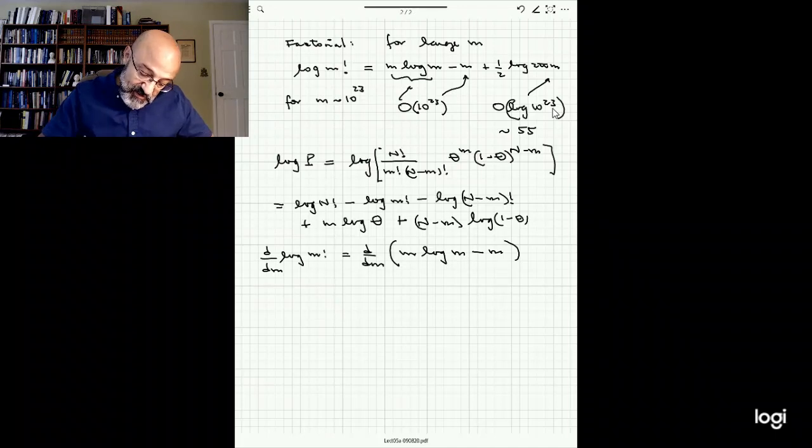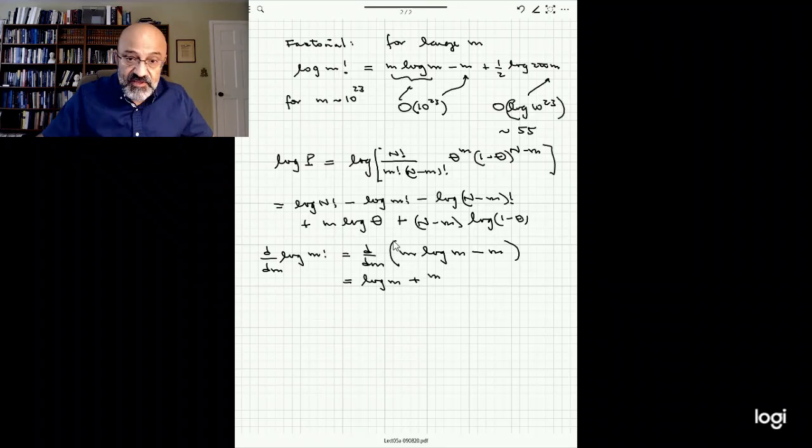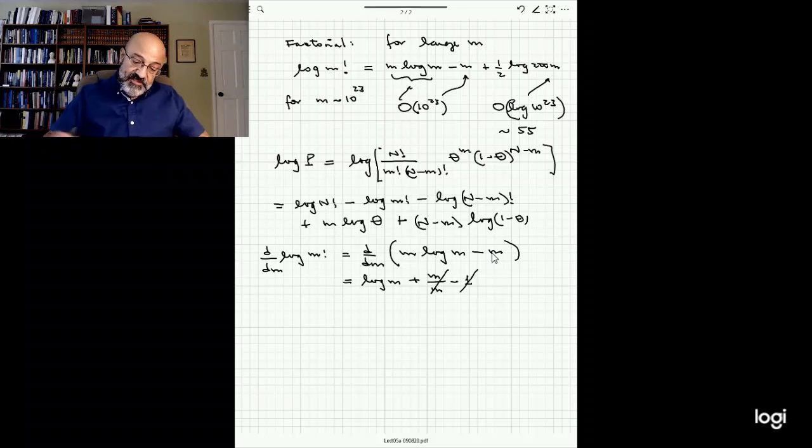When we do that, the derivative of the first piece is the log of m, plus take the m and do the derivative of the log, minus the derivative of the m, that's a 1, so this piece cancels that, and we see that the derivative of log m factorial is log m.